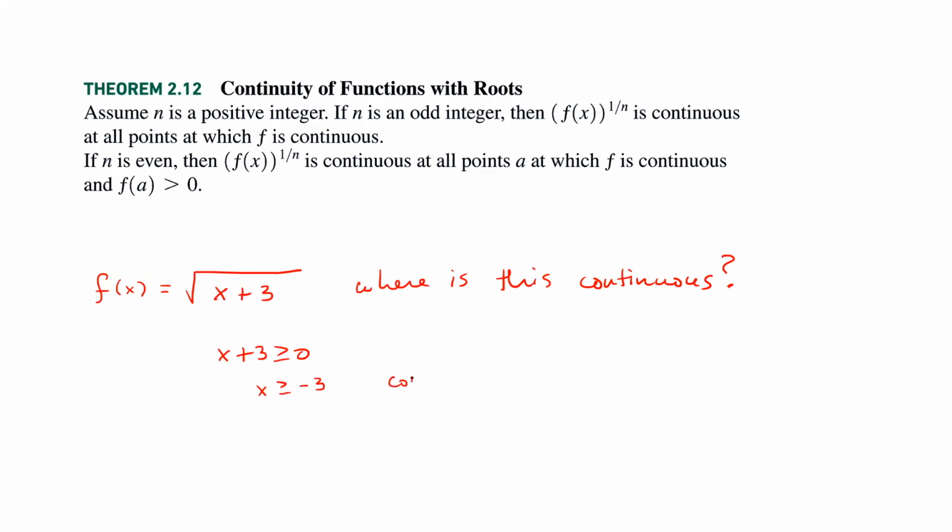So here you would see it's continuous on the interval from negative 3 to infinity. Okay, does that make sense? Yeah. Okay, so as long as the value underneath the square root is greater than or equal to 0, then you know it's continuous on that interval.